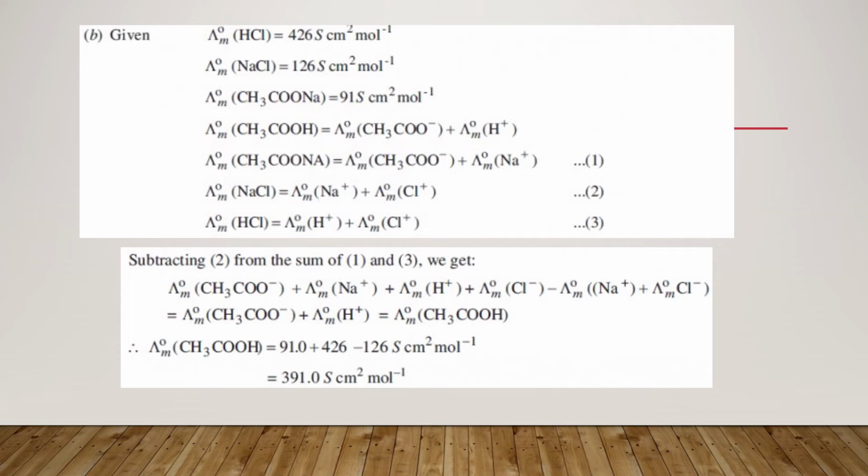So 1 and 3 ആഡ് ചെയ്യുമ്പോൾ അസിറ്റേറ്റ് അയോണും സോഡിയം അയോണും H plus അയോണും Cl മൈനസ് അയോണും വരും. അതിൽ നമ്മൾ എന്ത് ചെയ്യാണ്, we are subtracting Na plus and Cl minus. അപ്പൊ ഇതിൽ നിന്ന് Na പ്ലസും ഇതിൽ നിന്ന് Cl മൈനസും പോയി കഴിഞ്ഞാൽ, that is lambda 0 of CH3COO minus plus lambda 0 of H plus, അതായത് നമ്മുടെ lambda 0 of CH3COOH. അപ്പൊ അത് കണ്ടുപിടിക്കാനായിട്ട് ഫസ്റ്റ് the lambda 0 of sodium acetate plus lambda 0 of HCl minus lambda 0 of NaCl.